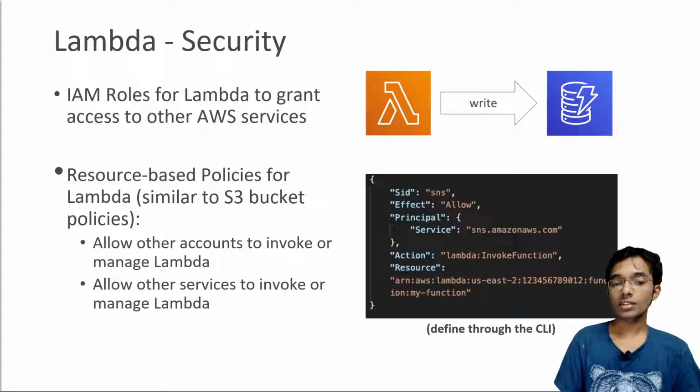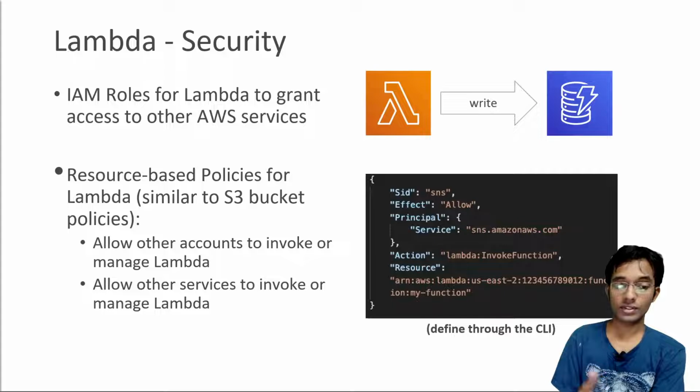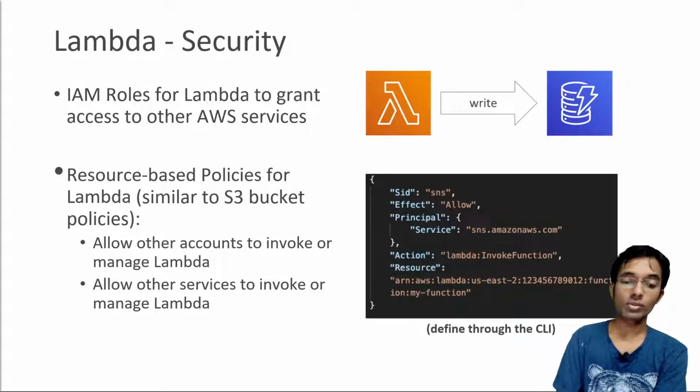Now there's another thing that you may not know, called the resource-based policy for Lambda. This is very similar to an S3 bucket policy, and the idea is that you define a policy in JSON. If you look at this one, it says that it's allowing the principal service SNS to invoke your Lambda function, and the resource is the Lambda function.